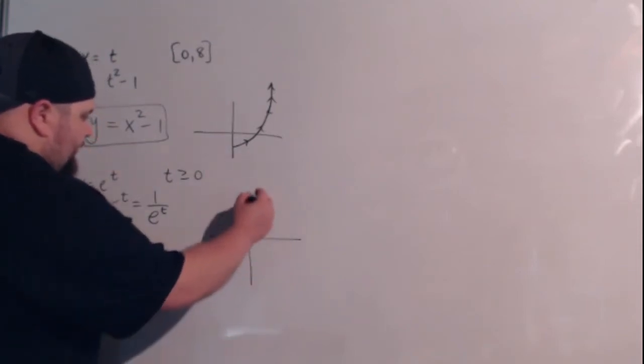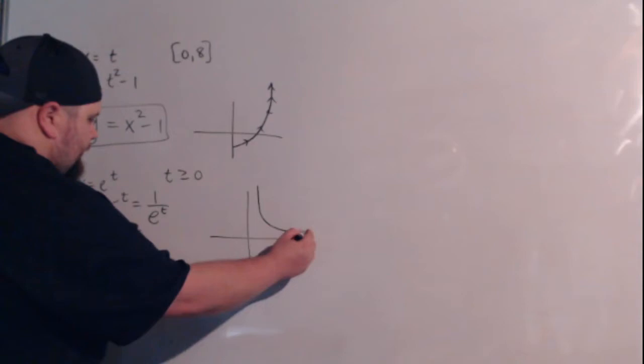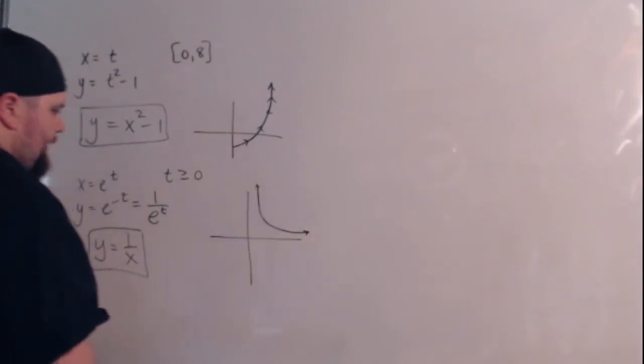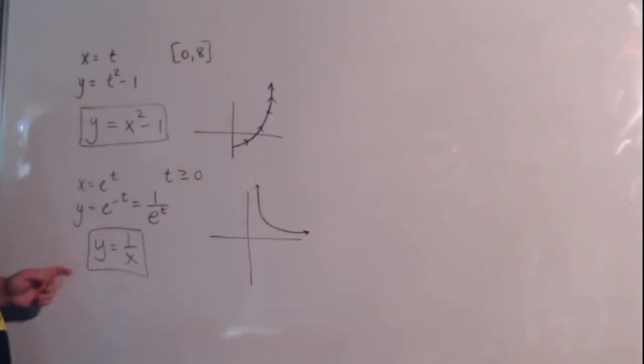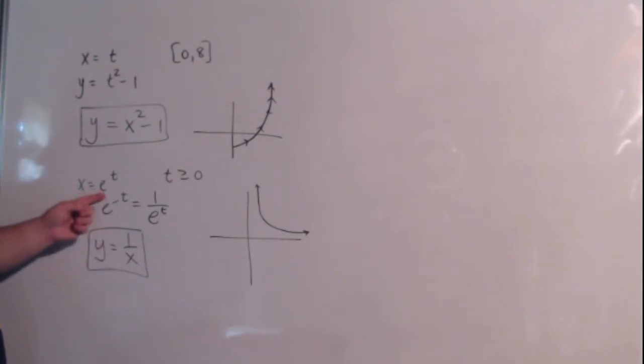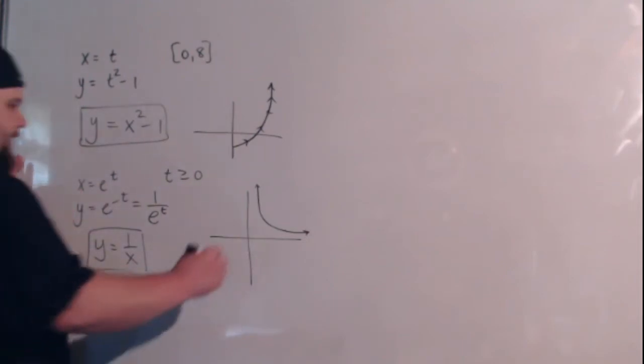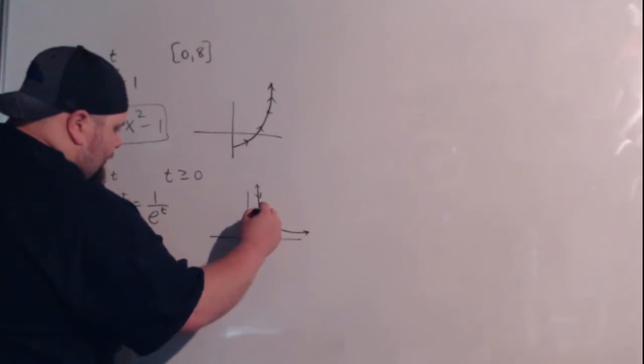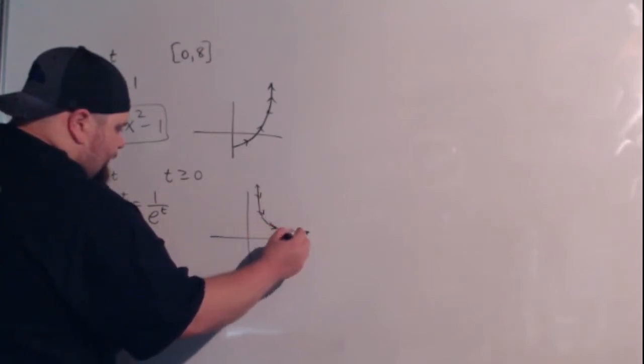That should look something like this. And we have to indicate direction again as x increases, or as t increases, so does x. So it looks like we'd be going this direction, right?